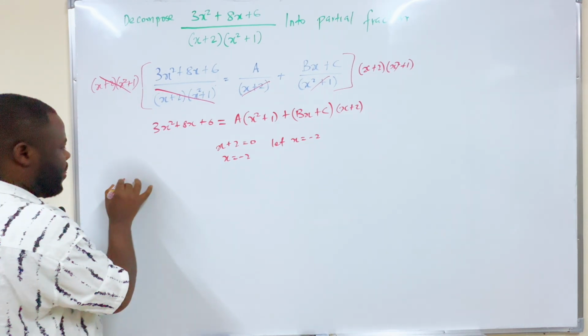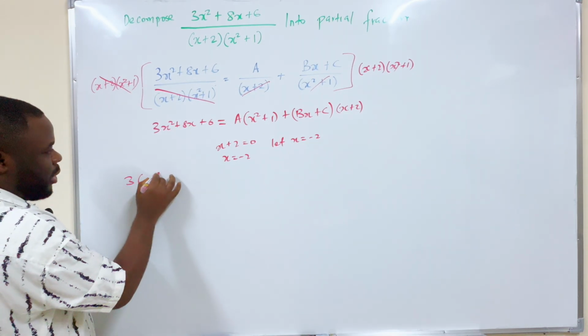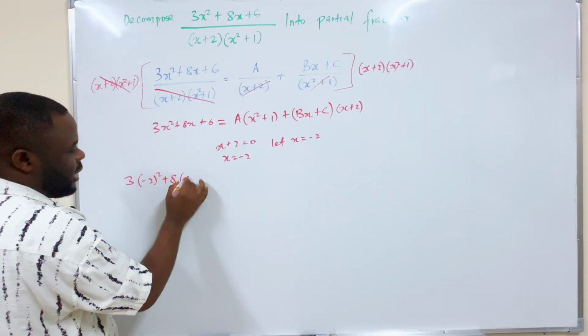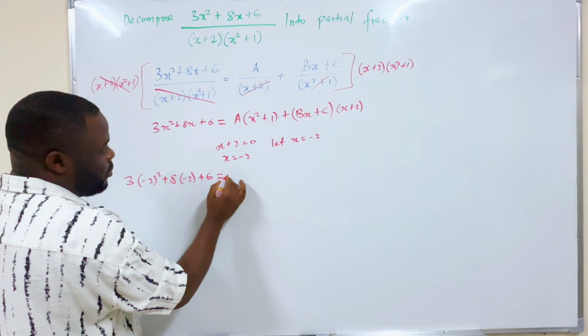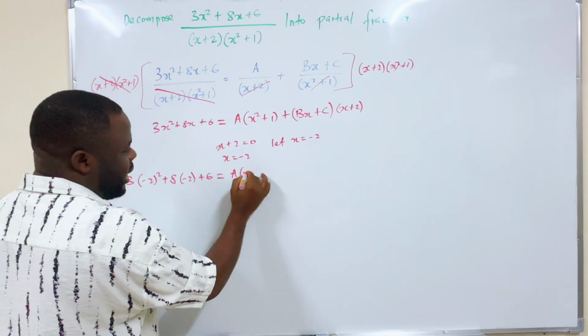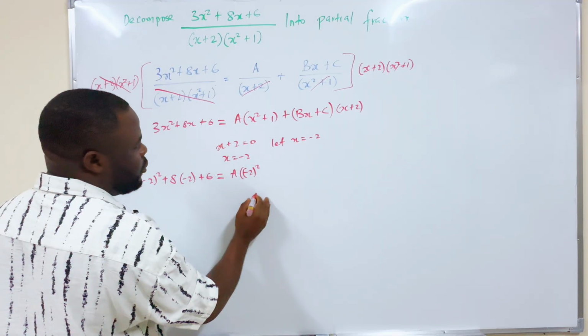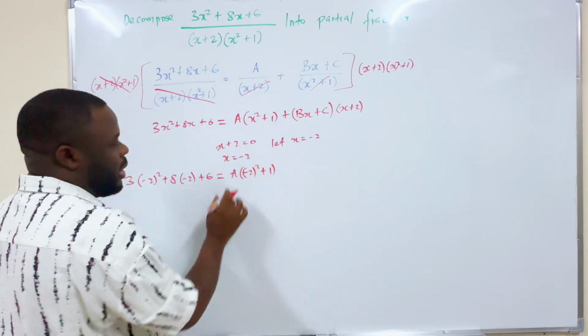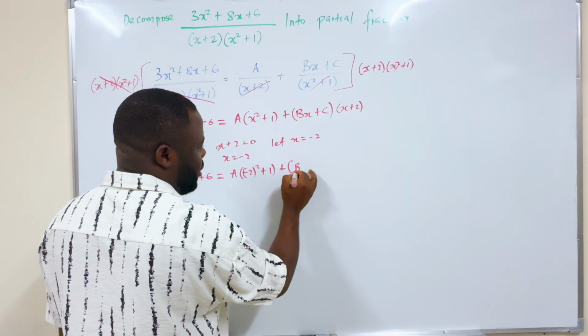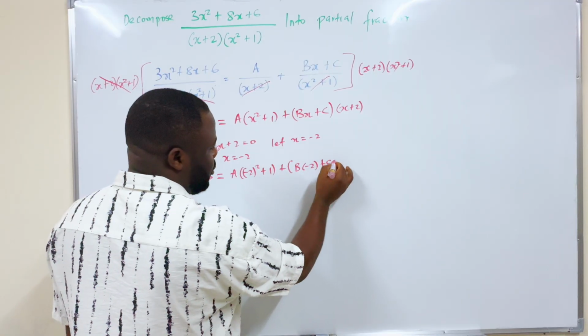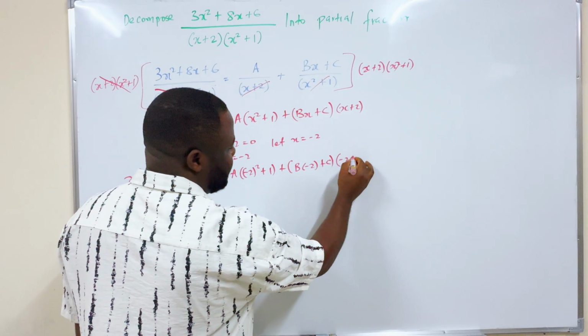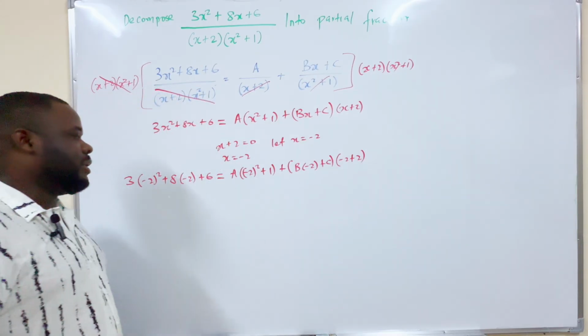So we have 3(-2)^2 + 8(-2) + 6 equals A((-2)^2 + 1) + (B(-2) + C)(-2 + 2).